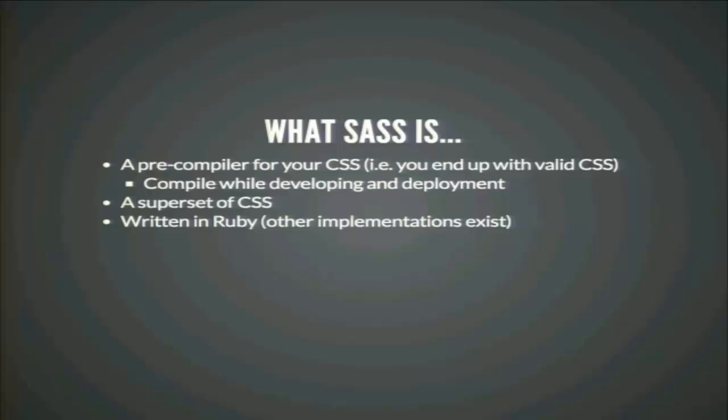So the reason that you would want to use the Ruby version over the others is that much of the library environment that exists for Sass includes some Ruby element to it. So if you use some other implementation of the compiler, you won't have access to Compass.